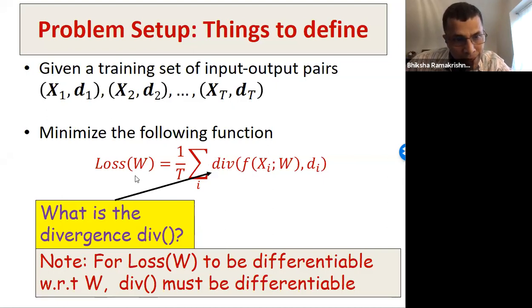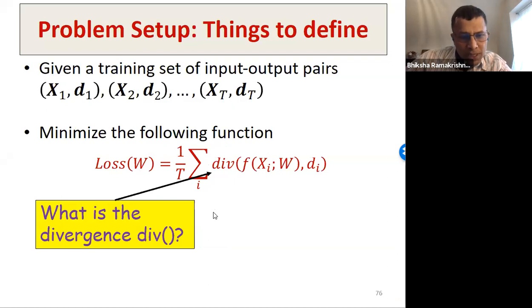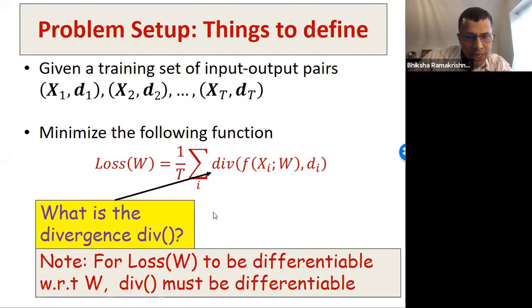Otherwise, you cannot minimize this. You cannot compute the derivatives of the loss with respect to the components of W. So this divergence function too must be differentiable. Only if it's differentiable will you be able to say how much a small change of W changes the divergence itself. This is critical.